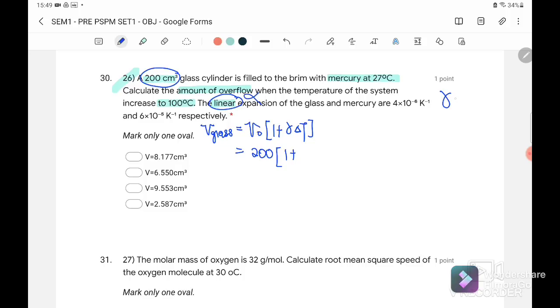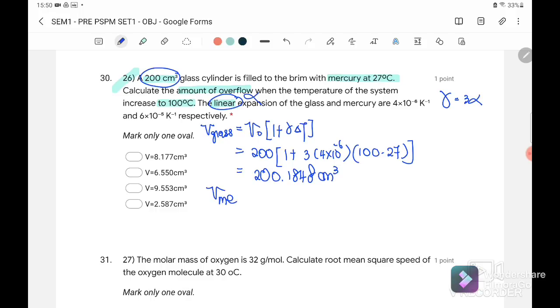Gamma is the volume expansion, alpha is the linear expansion, where gamma is equal to 3 alpha. So here you must multiply by 3 alpha for the glass, which is 4 × 10^-6, and the temperature change is 100 minus 27. If you press the calculator, the volume expands from 200 cm³ to 200.1848 cm³.